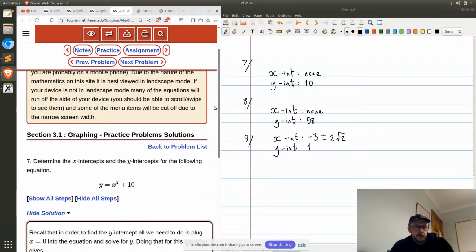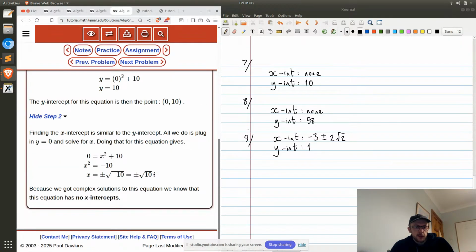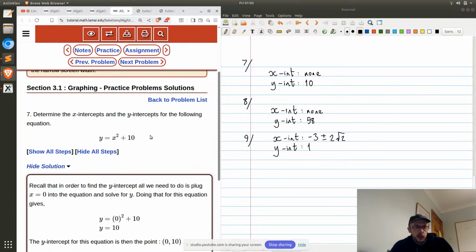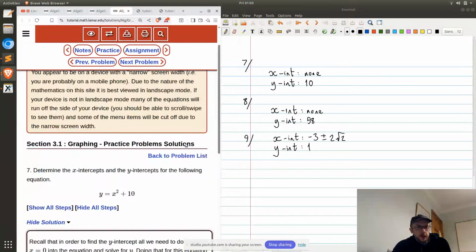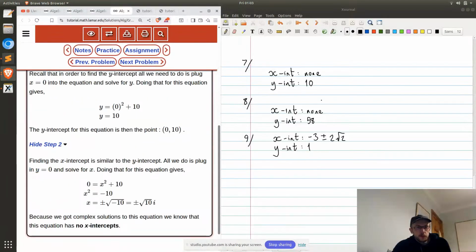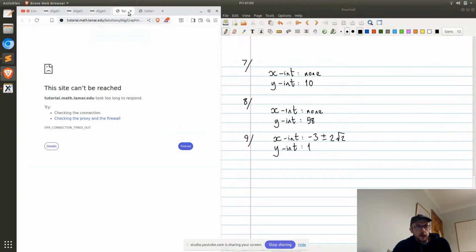Okay, so we actually got some successful loading here. All right. So, yes, okay, you got complex solutions, and so that does mean no intercepts. Yes, that's right. No x-intercepts. The y-intercept is 10, so that is correct. Oh, we'll load this one as well.